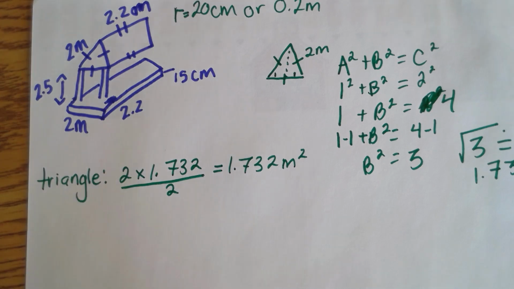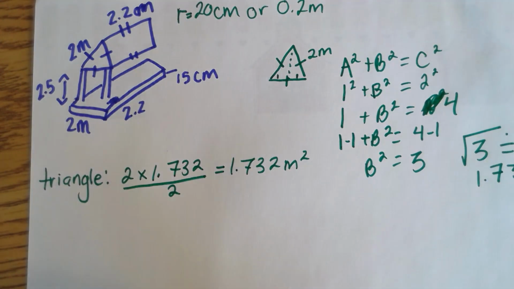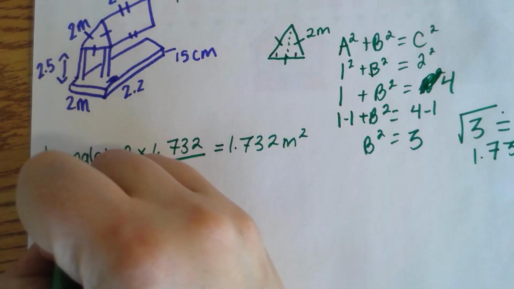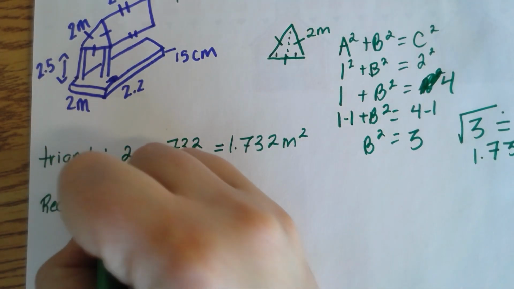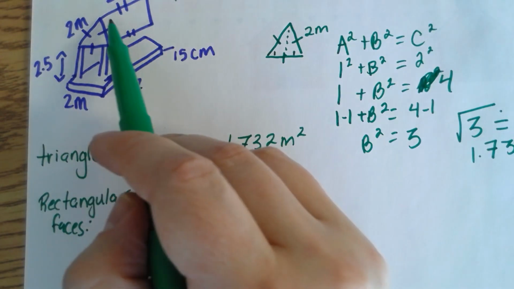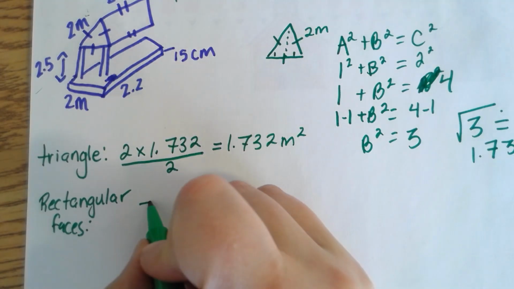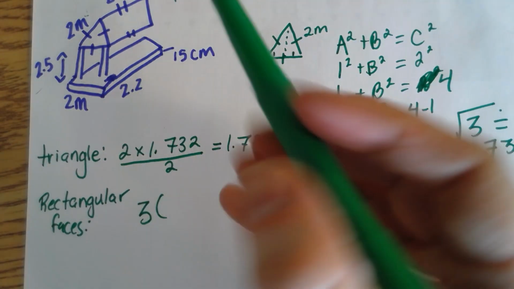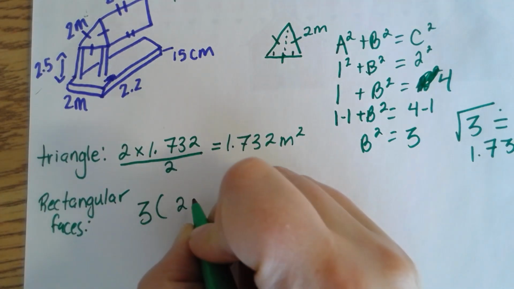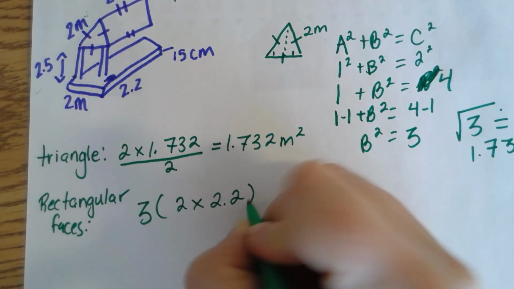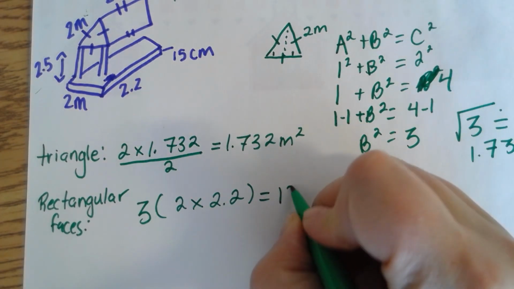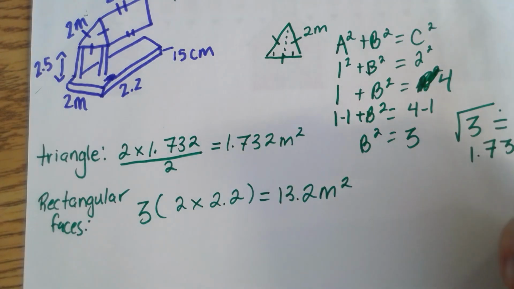Then I need to figure out what the rectangular piece is. Now, because this is an equilateral triangle, all three of those are going to be the same. So my rectangular faces, there are 3. There's this one, there's the one you can't see, and there's the one underneath. The dimensions of this are 2.2 by 2, which is going to give me 13.2 meters squared.